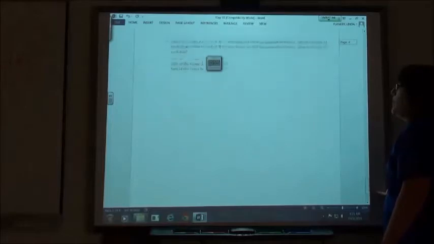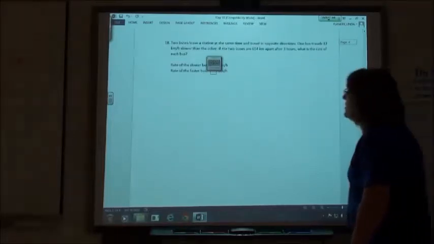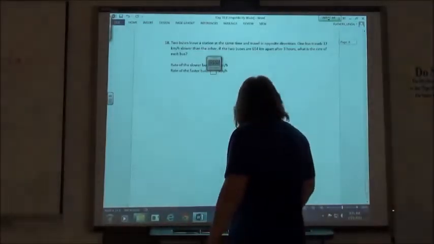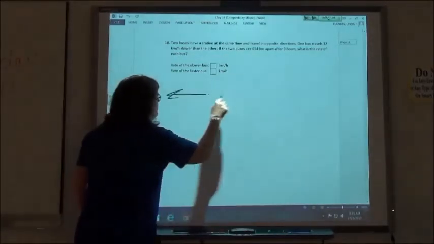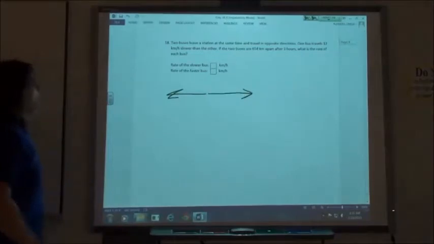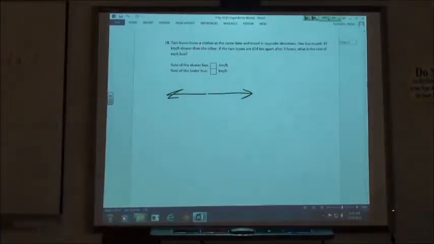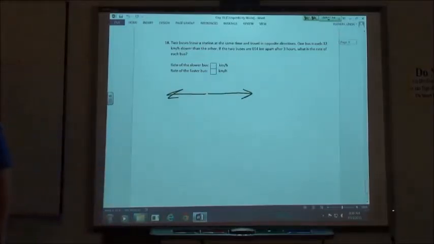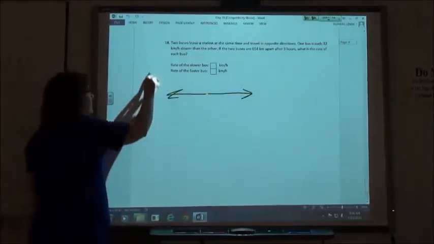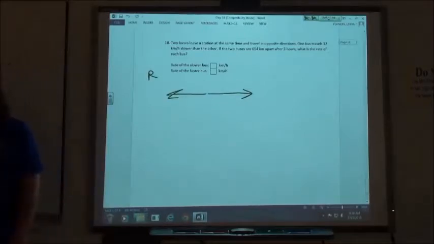And the last one then. Two buses leave a station at the same time and travel in opposite directions. One bus travels 12 kilometers per hour slower than the other bus. So the rate of one bus is going to be r, whatever variable we decide to do.